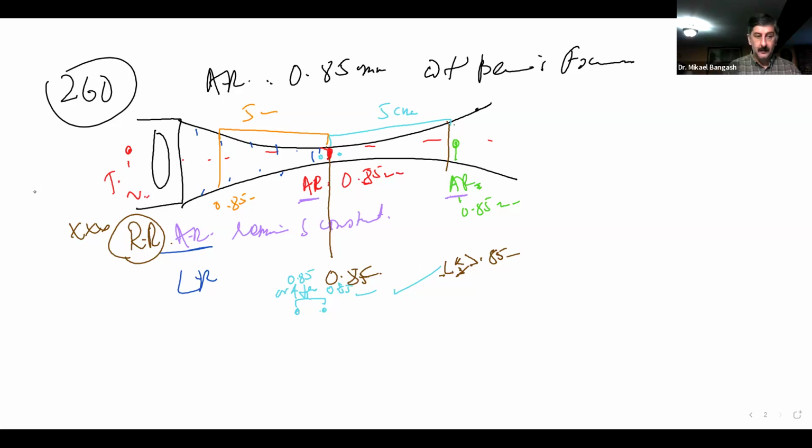Whereas if this distance here had been lesser than 0.85 millimeters, you would have a bad axial resolution.